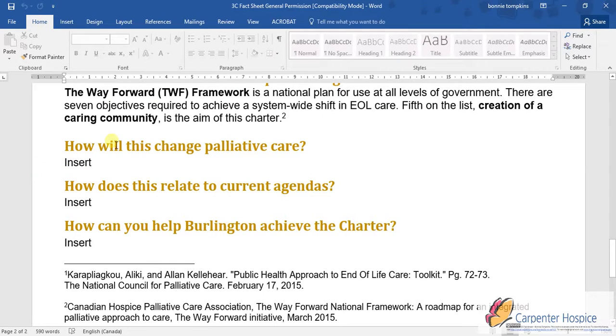The next thing is, how will this change palliative care? Once again, it depends on who you're interacting with. For us, one of the interesting pieces we often talk about is how the definition of palliative care talks about terminally ill people, but it doesn't really talk about the old and frail, elderly and frail. Like, I think of my grandfather who's 92, doesn't necessarily have a disease, he's just aging.